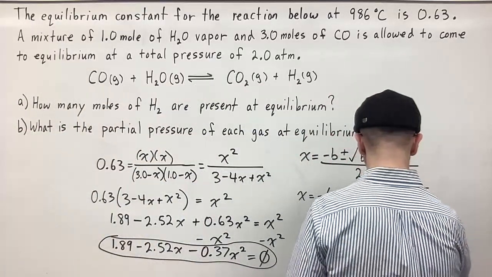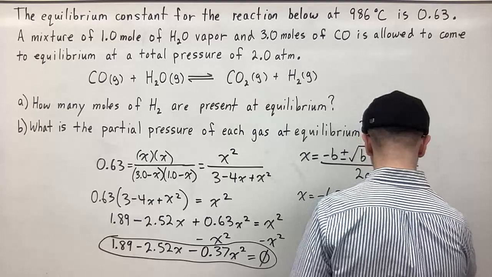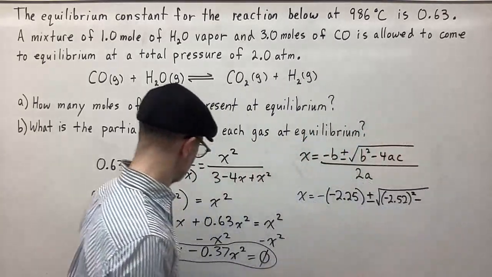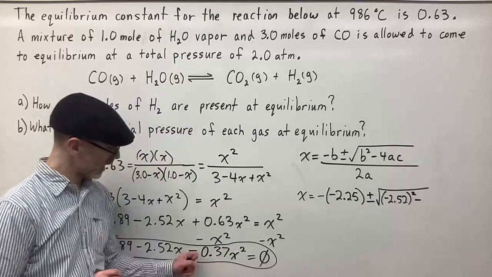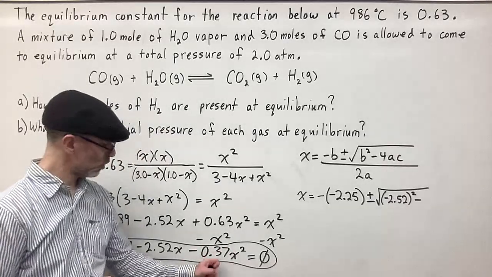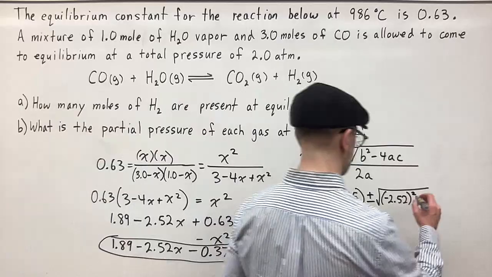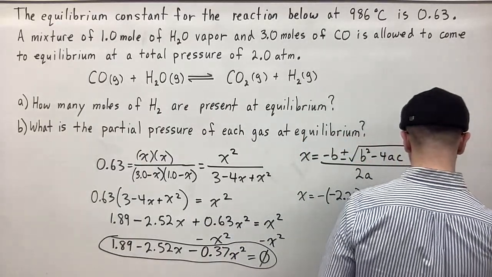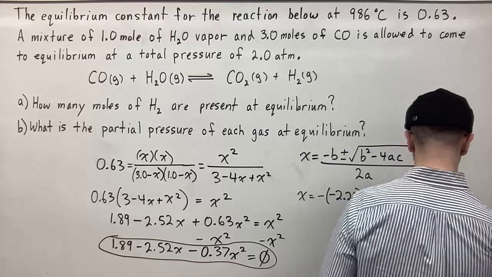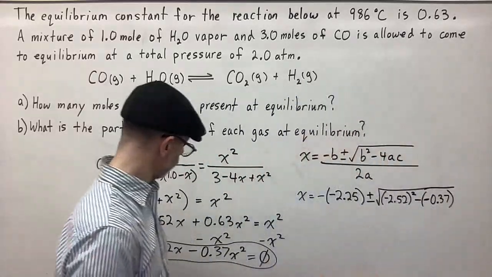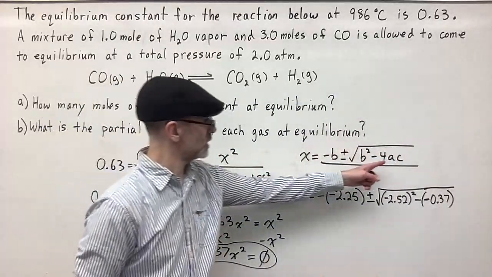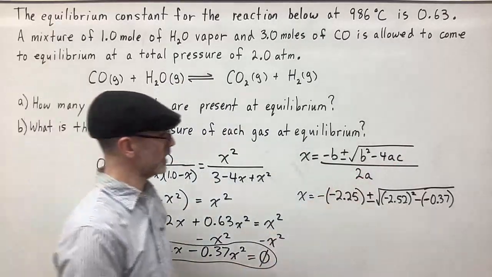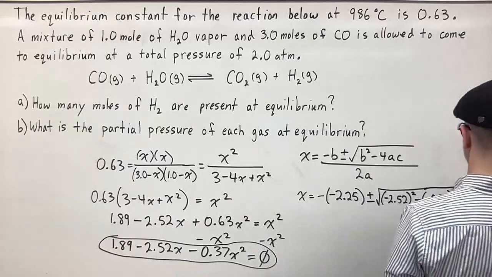So we're going to have negative 2.52 squared minus 4 times A times C. A is negative 0.37. So let's extend this. So it's going to be minus 4 times negative 0.37 multiplied by C. And C is the 1.89 here. So let's extend this a little bit more.